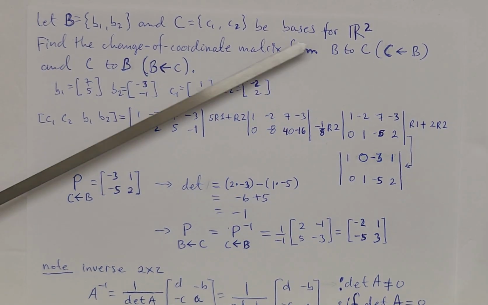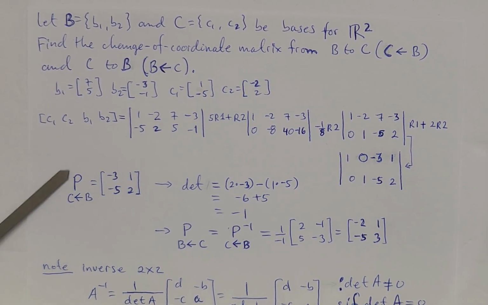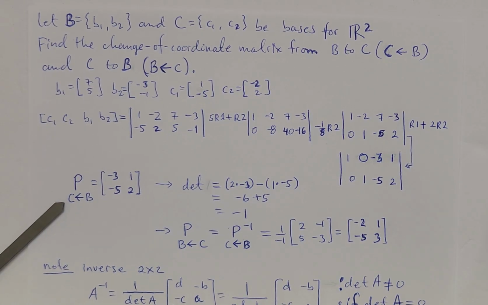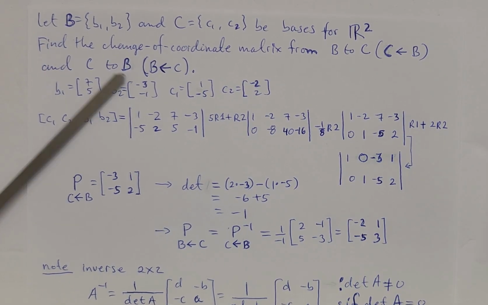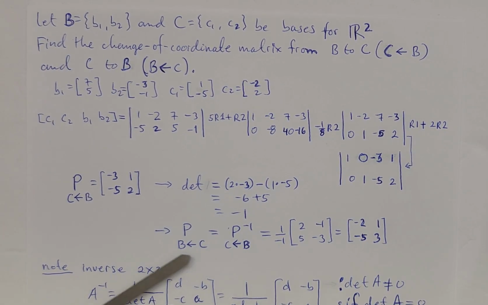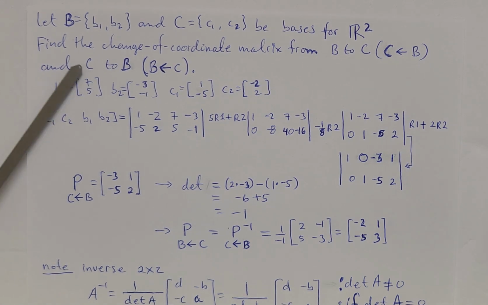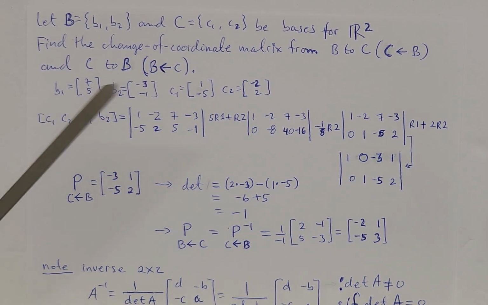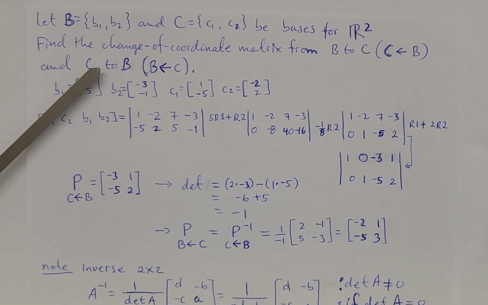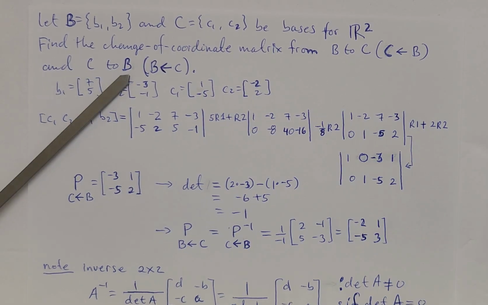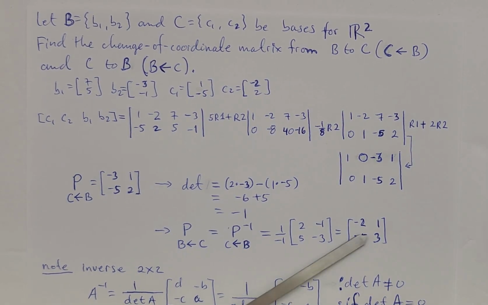We are looking for B to C, and this is our answer for B to C. We are also looking for C to B, which is this right here, and this answer is technically the inverse of B to C. One more time, this is the answer from B to C.